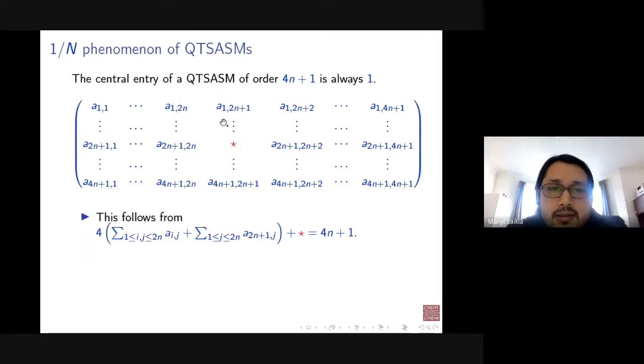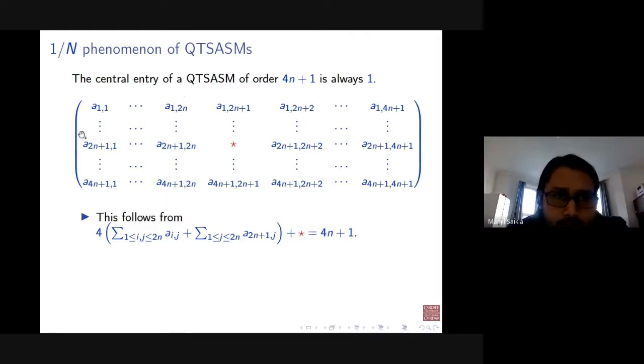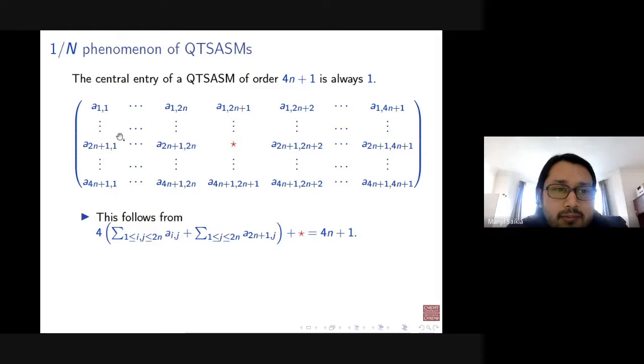Since this is a quarter-turn symmetric alternating sign matrix, whatever entries appear in this particular block, I'm sorry, the matrix was not written very well, so it would have been better if there was one more row explicitly written about this. Anyway, you look at the entries in this first quadrant.